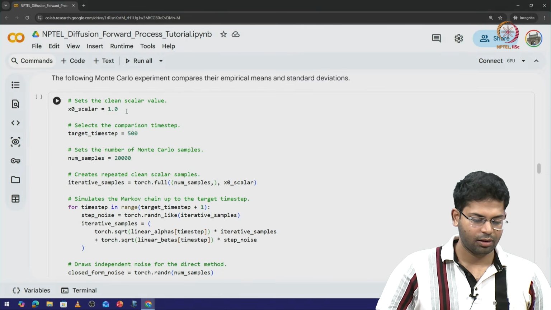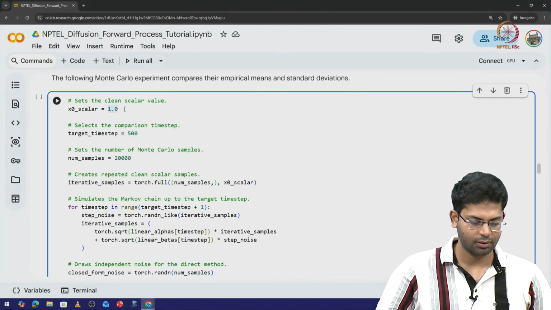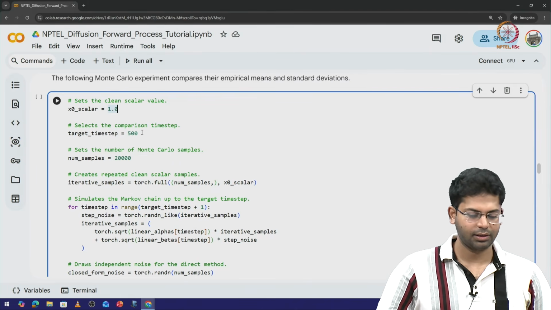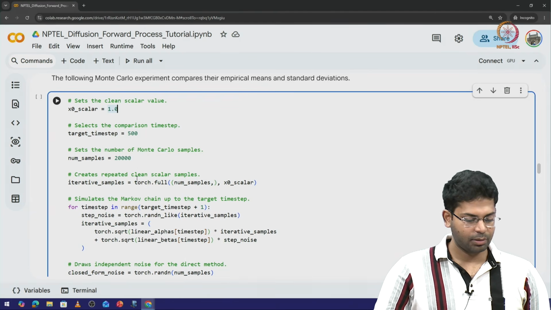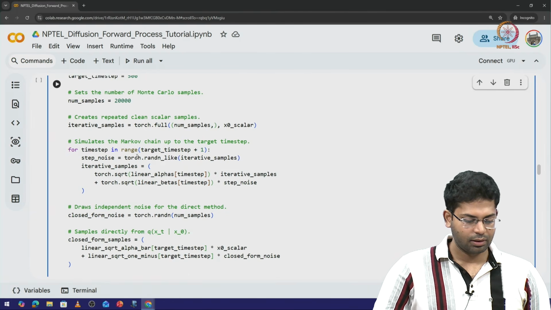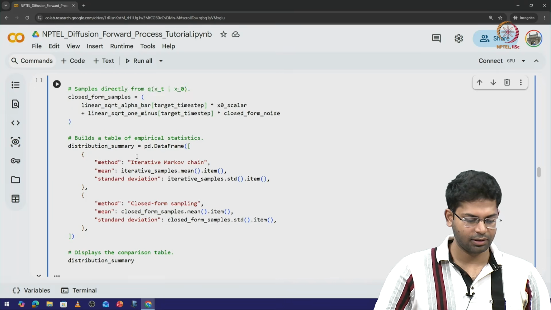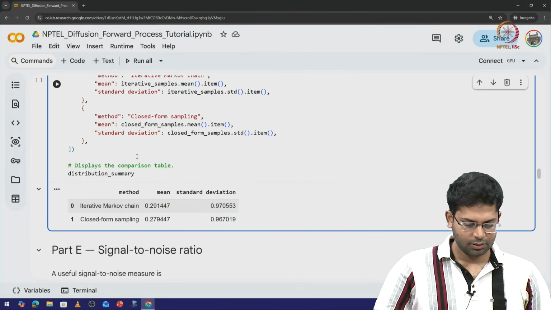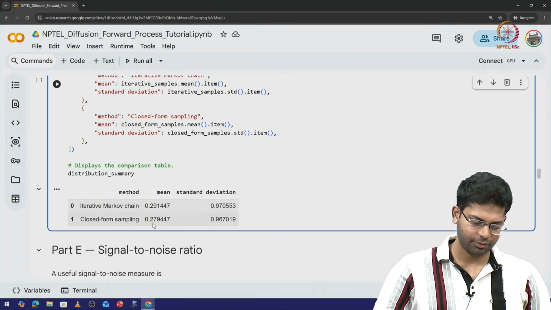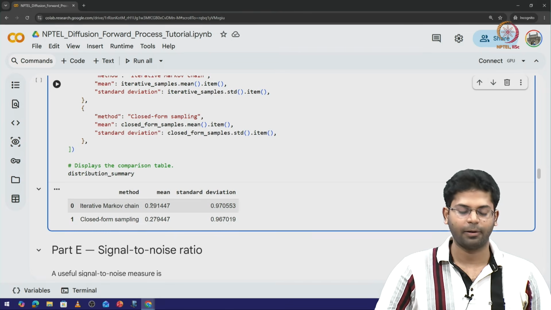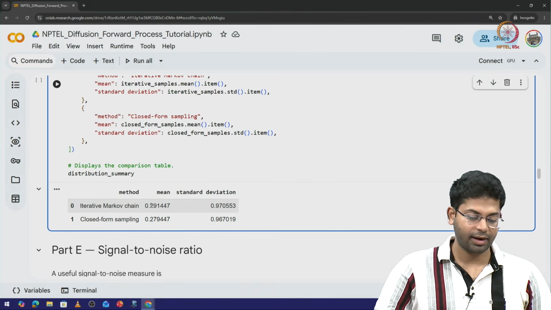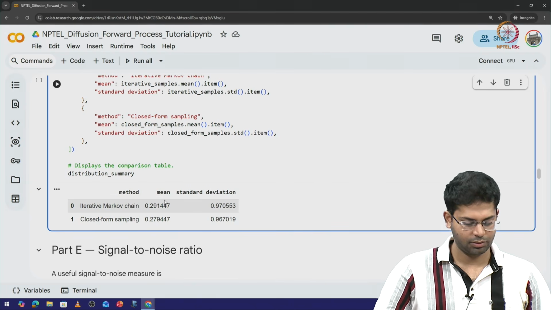So, we define the clean signal x0, which is simply a scalar, the target timestamp as 500, and the number of samples as 20,000. We compare the closed form versus the iterative process using the Markov chain. You can see that the mean and standard deviation obtained are pretty close to each other. That validates our previous theoretical understanding that Markov chain modeling is enough when you do closed form sampling in the forward diffusion process.